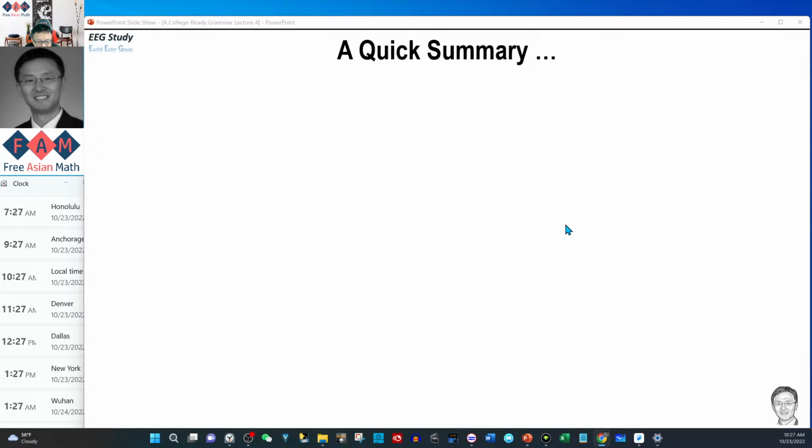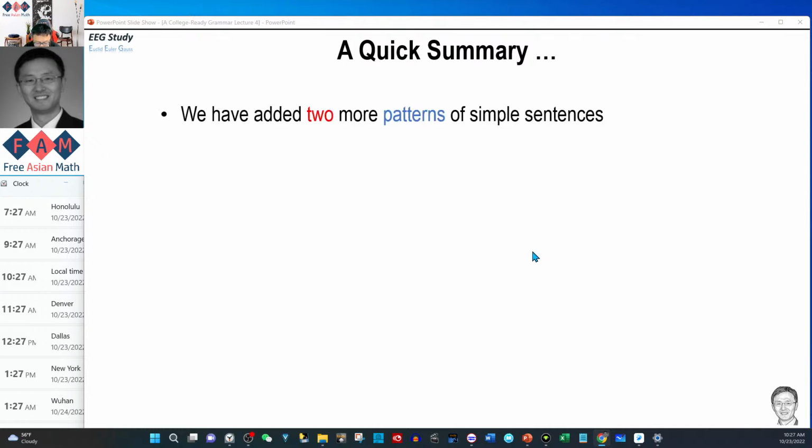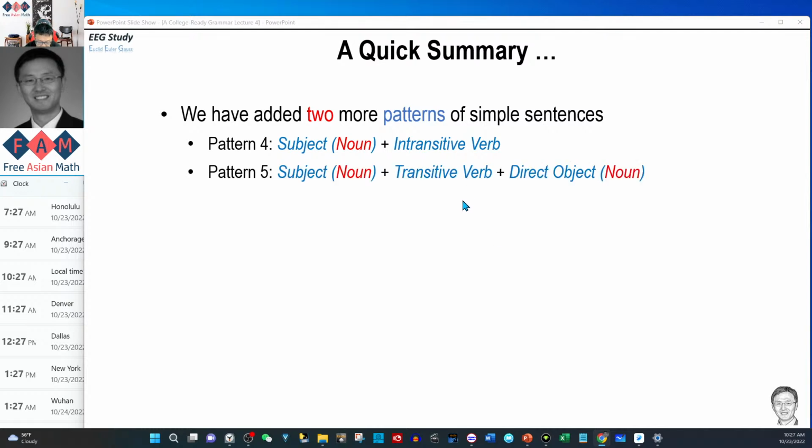Now let's have another quick summary. We have just added 2 more patterns for simple sentences, right? Pattern 4, subject and intransitive verb. And subject is logically just a noun or noun equivalent. And pattern number 5, we have subject, transitive verb, and object.